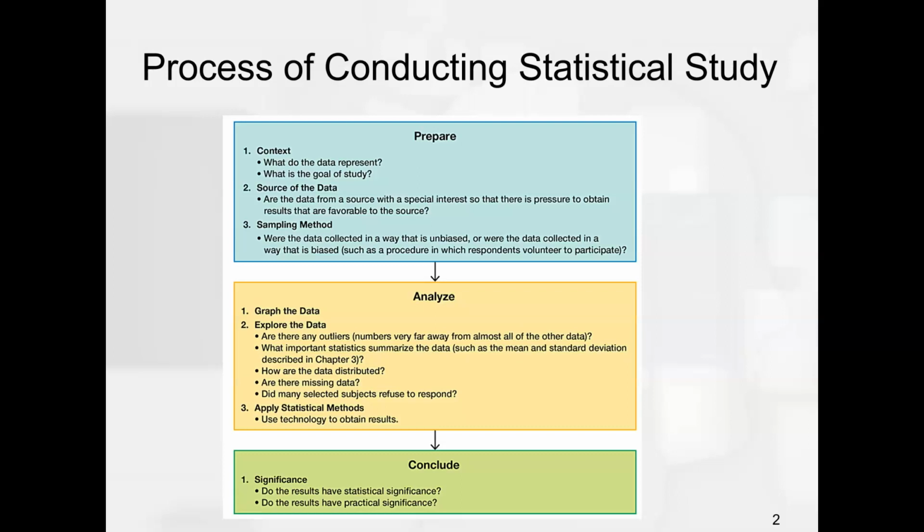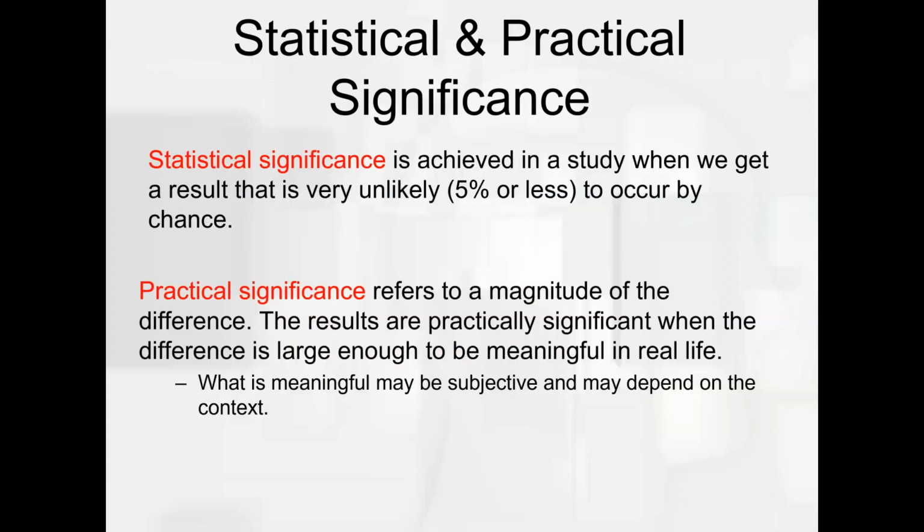The final step in our statistical process involves conclusions, and we should develop the ability to distinguish between statistical significance and practical significance. Let's review how to identify whether the results have statistical significance and/or practical significance. Statistical significance is achieved in a study when we get a result that is very unlikely, say 5% or less, to occur by chance.